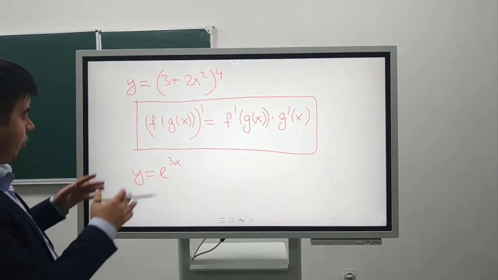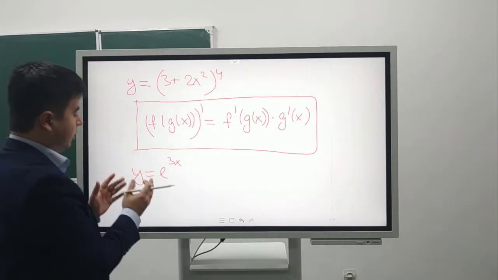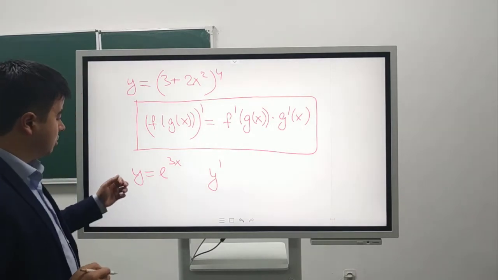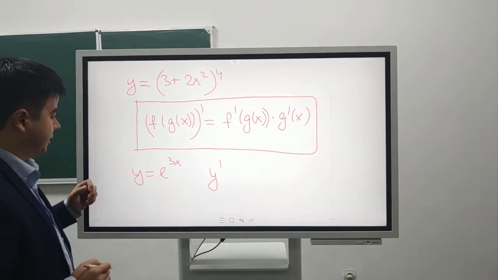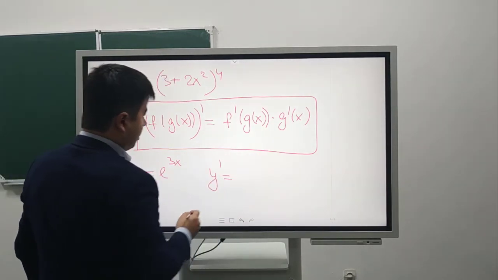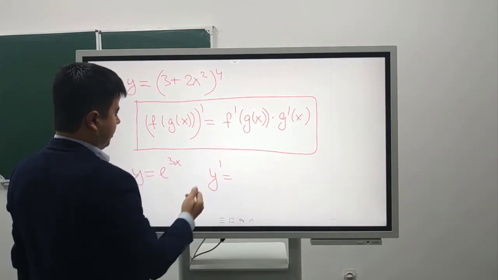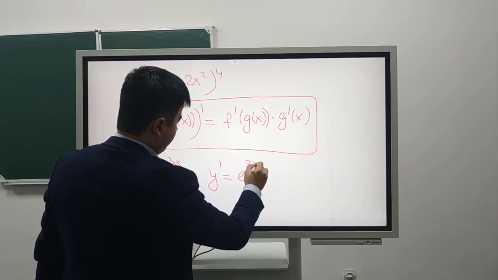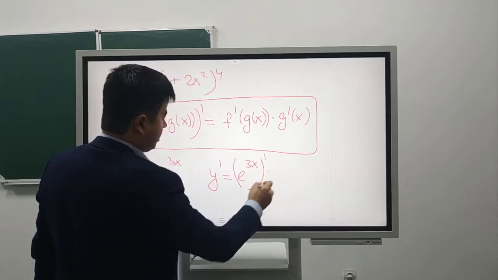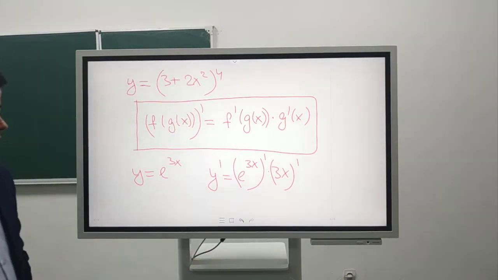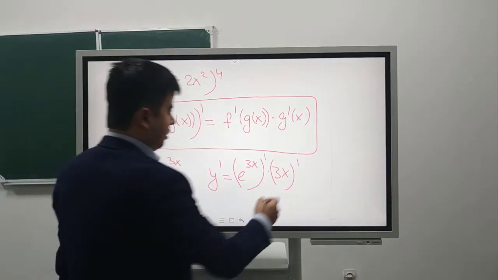So the derivative of this function is e to the power of the first function, times the derivative of 3x also. Like this, we need to find it.